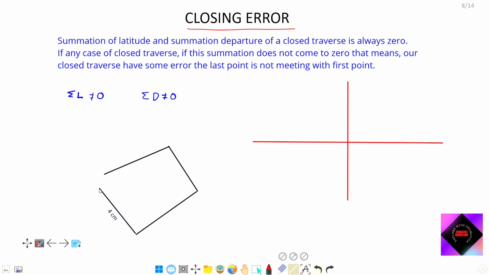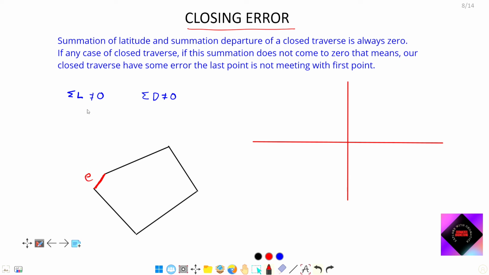The last point is not meeting the first point. That means in your traversing you did a wrong traverse. It is not a closed traverse. It has an error of this much length, and this length is represented by E, called closing error.